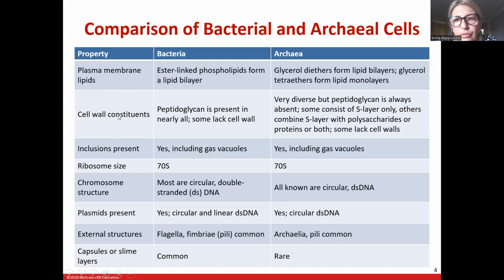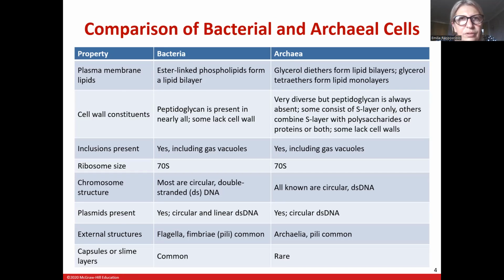Also the cell wall. You remember we said yesterday, bacteria have peptidoglycan, archaea don't have peptidoglycan, there is no peptidoglycan. There are inclusions like bacteria, the ribosome size is the same, 70S. The chromosome structure is circular, and as I said, archaea also are mostly circular.